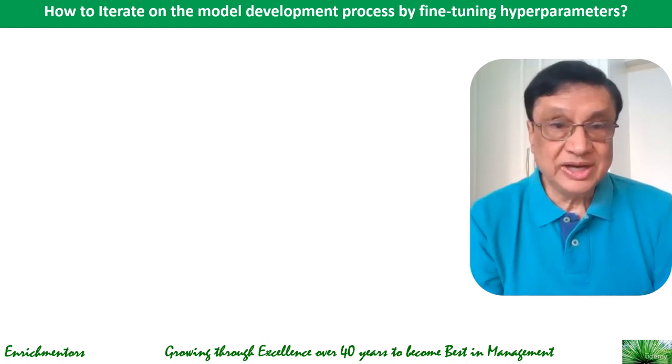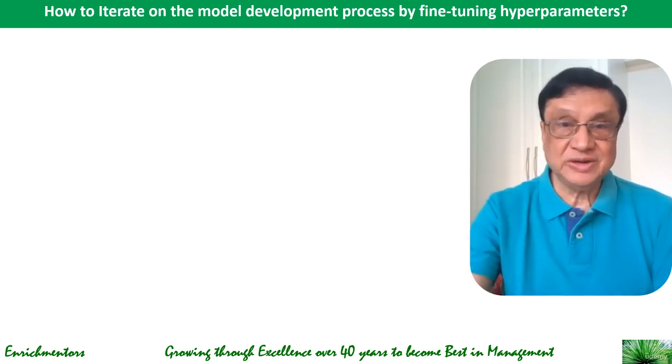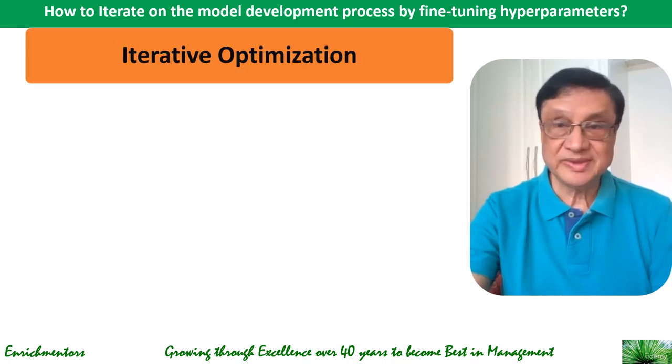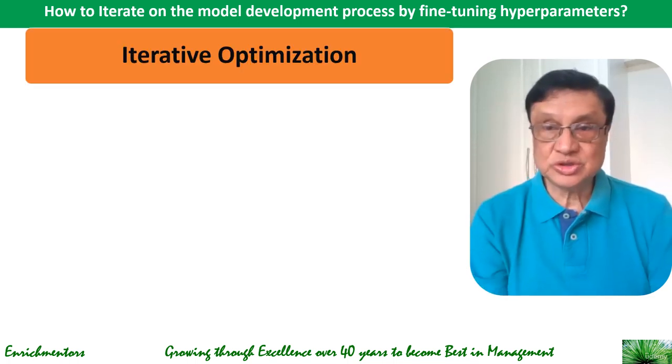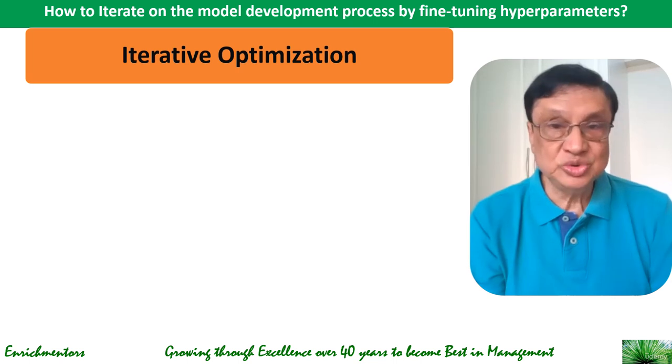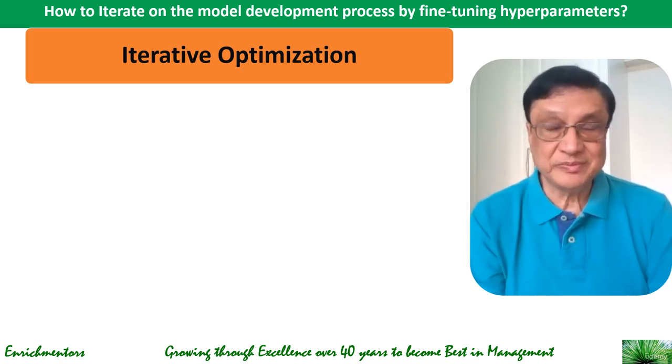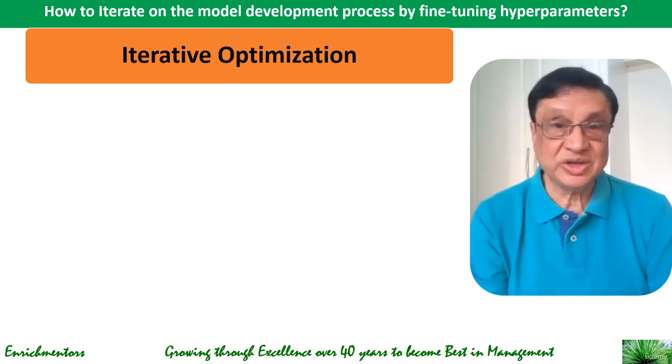Then you iterate through the following steps until a stopping criteria is met in iterative optimization. You start by choosing a hyperparameter optimization technique to explore the space and select a new hyperparameter configuration.